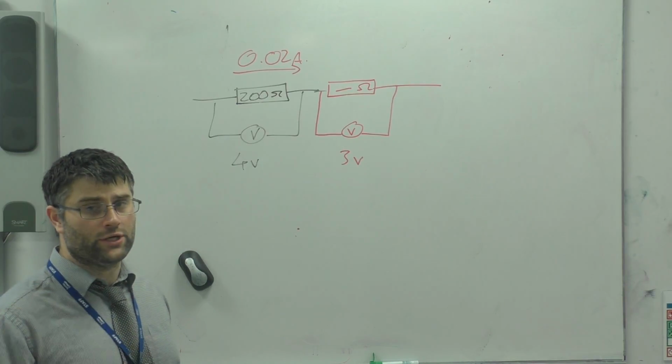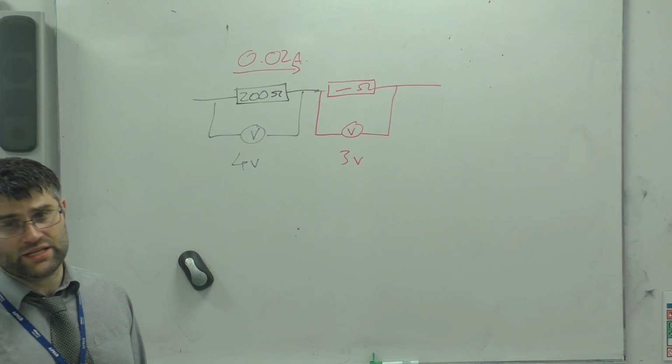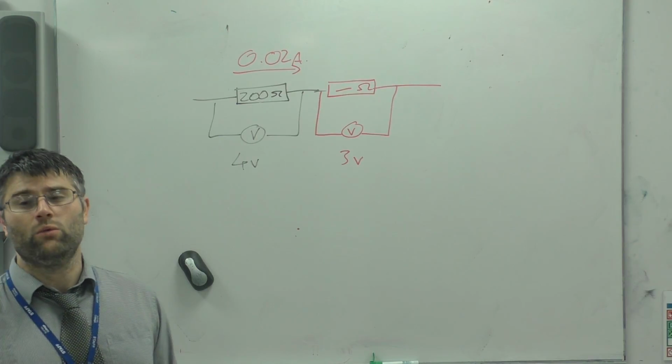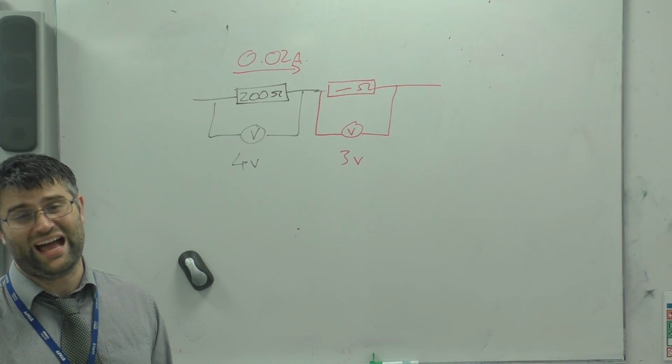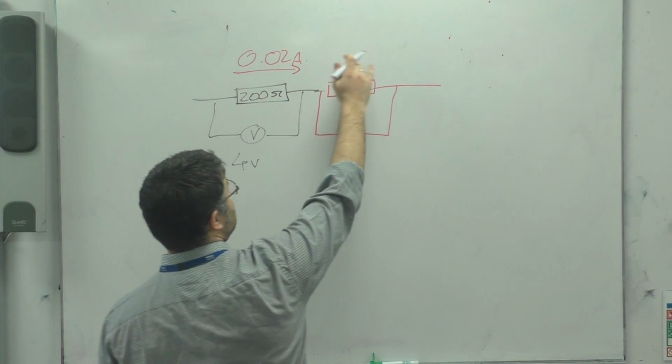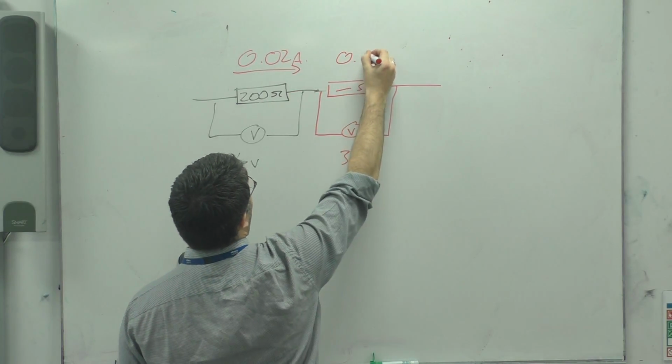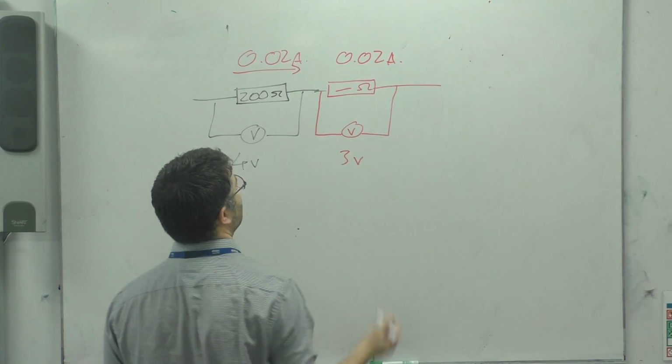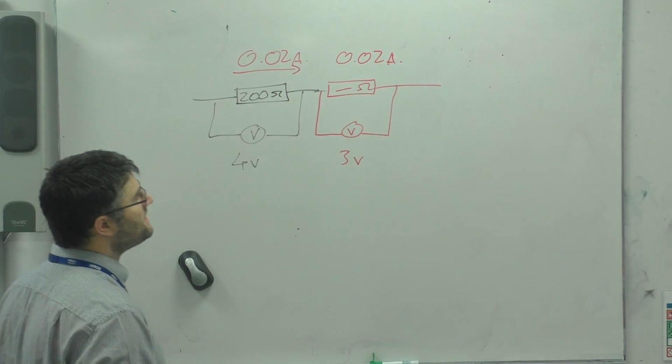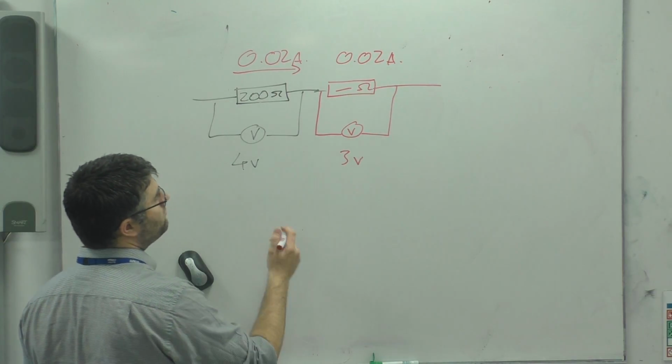Well, actually, you know two. Because what you should realise is that any two components in series would always have the same current. They have to. So this has the same current as this, so that means that has 0.02 amps running through it. If that's the case, that means that we can apply Ohm's law again.